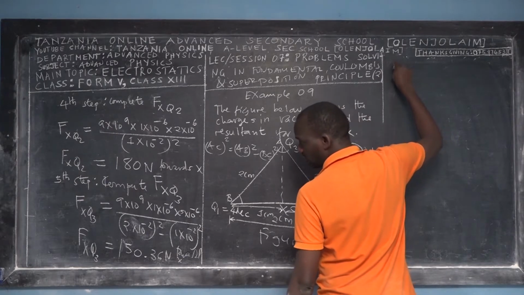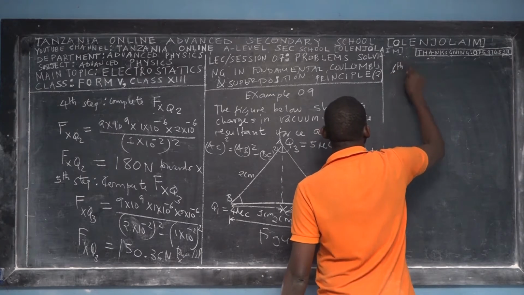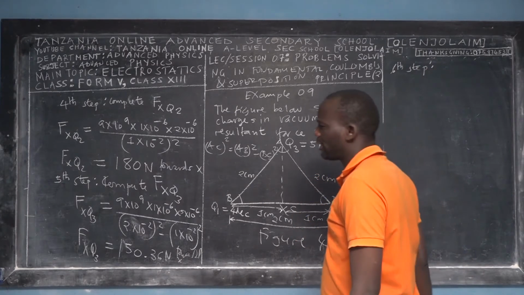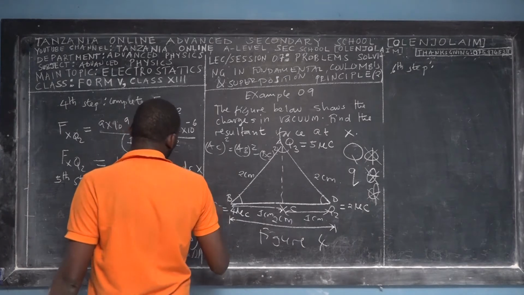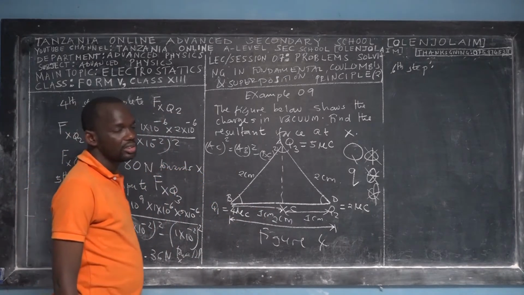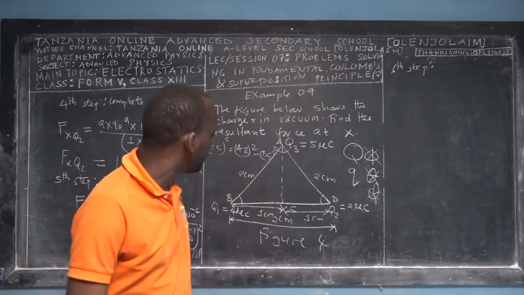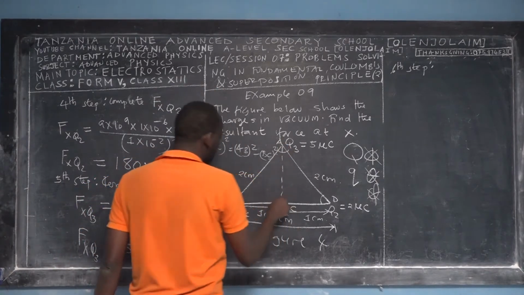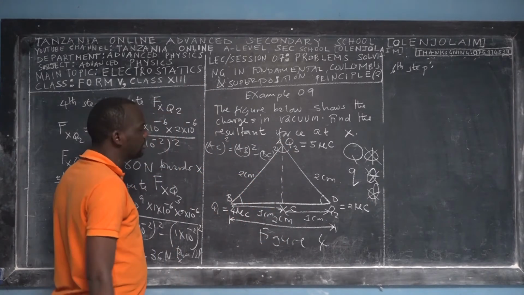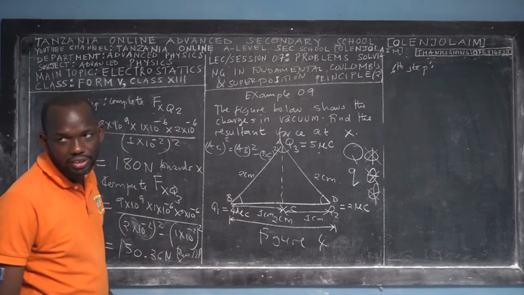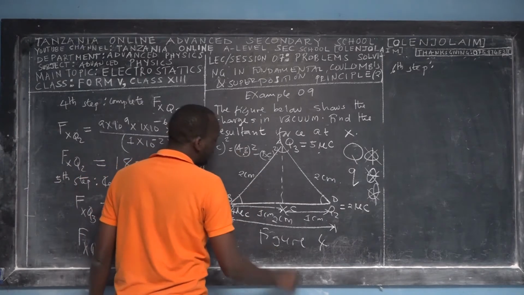We go for the sixth step. For the sixth step, if we analyze the problem, we have two horizontal components and one vertical component. Remember that this charge is perpendicular to QX. If this charge could be somewhere here, then we have another story.